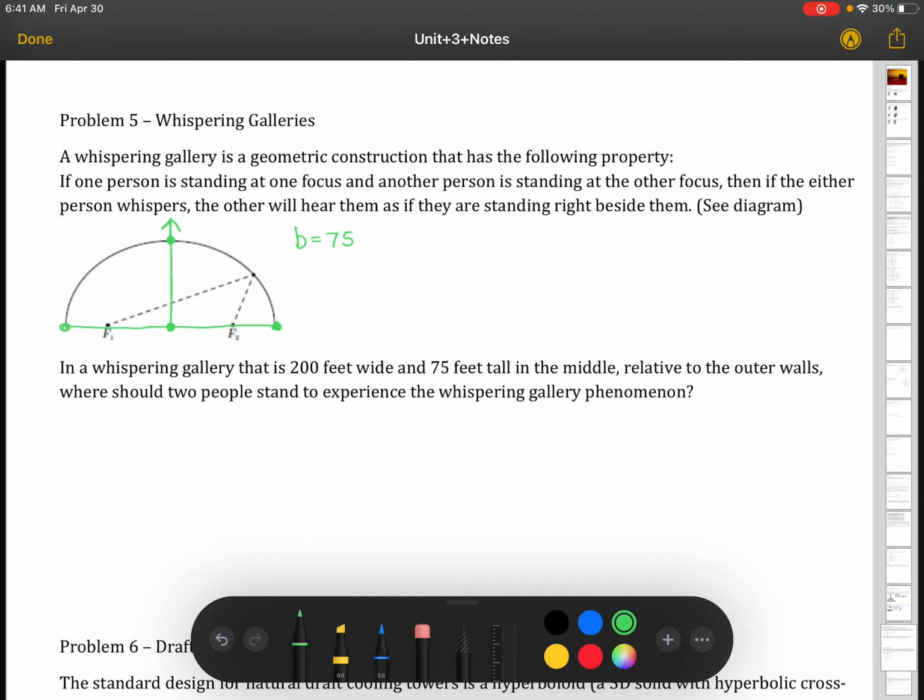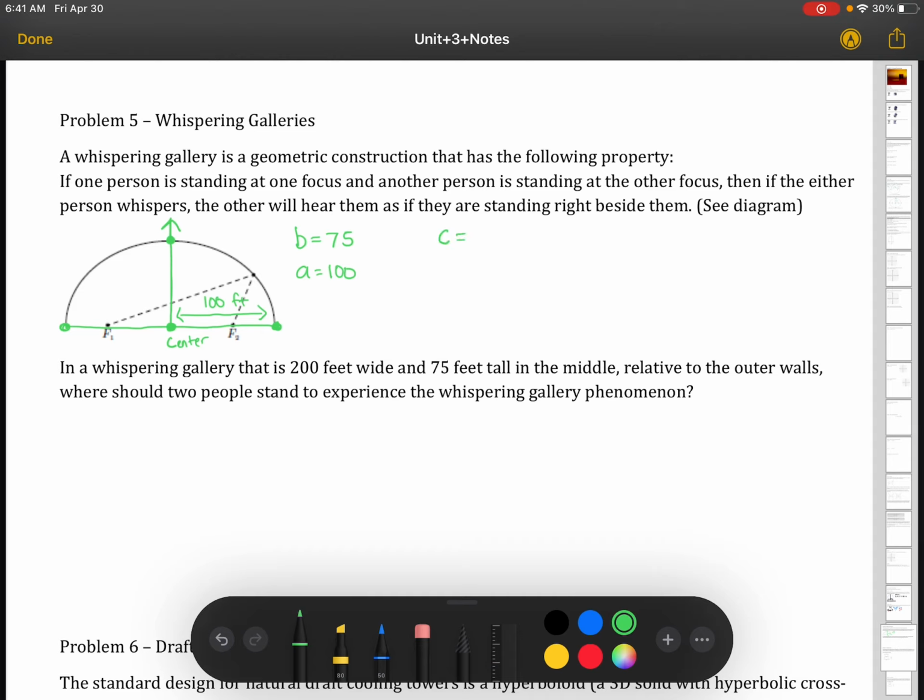And so if the entire gallery is 200 feet wide, then since we're bisecting, this distance is 100 feet. Okay, so that means that A equals 100. Remember, for an ellipse, the distance from the center to a focus is your C value.